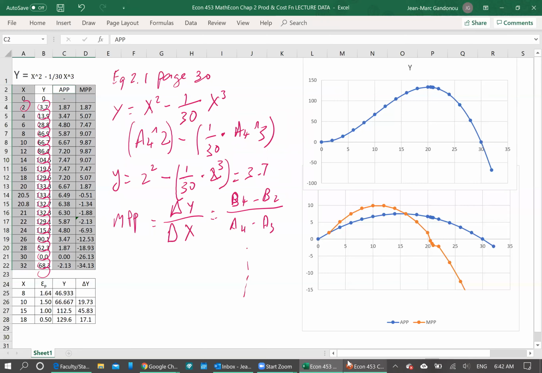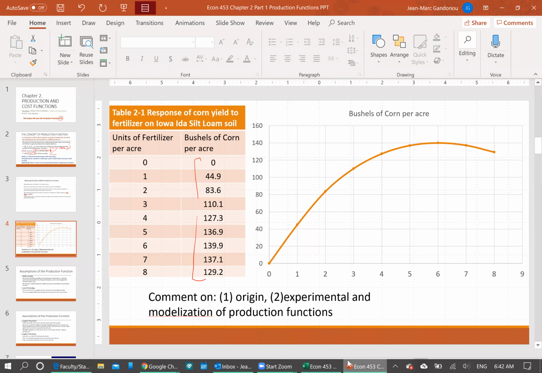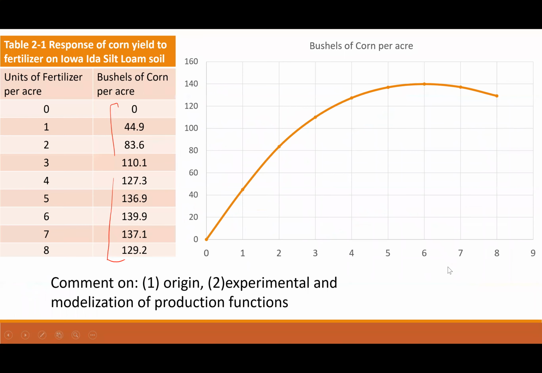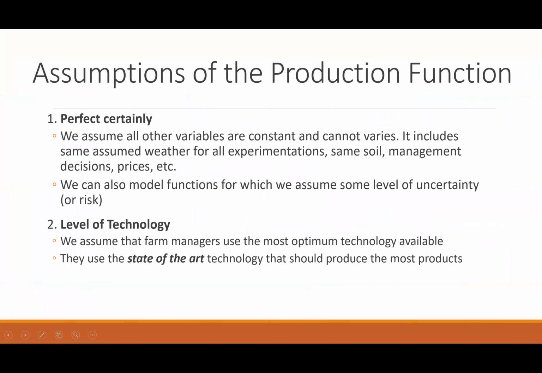And so now let's go back to PowerPoint. Okay, so that's how I get this function, okay. And so what are the assumptions related to the production function? We already talked about the perfect competition environment, okay, both for the input and the output.